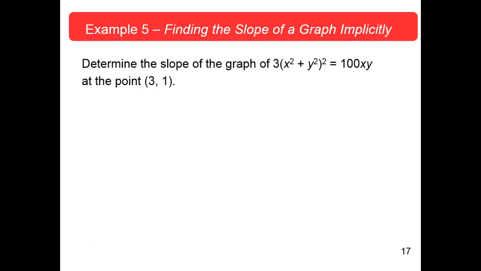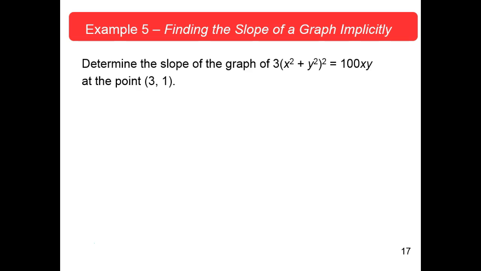9 plus 1 is 10, squared is 100. That's 100, so that's okay. And then this would be 3, which should be, if that's indeed true, x times y. Yes. That looks like it's on the graph. I didn't go out and bore you to tell. Plug it in, figure it out, you'll see that's indeed true. 300 equals 300.